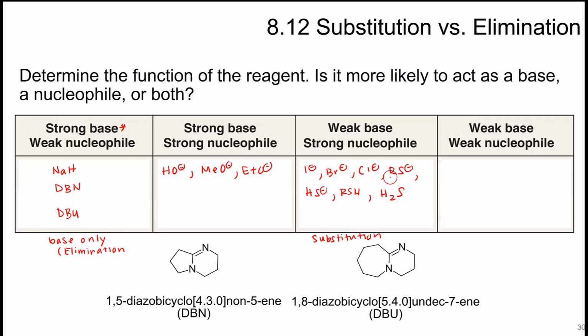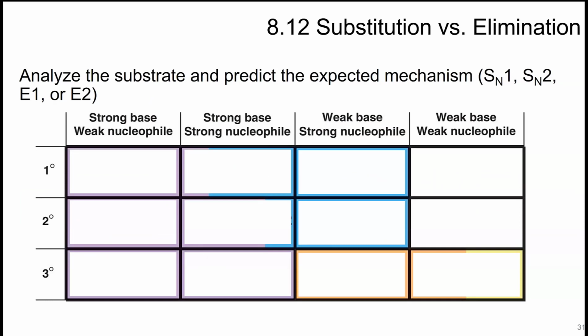Sodium bromide might be good for a nucleophilic reaction, but it is not good if you want to do an elimination reaction. So things that are weak bases and weak nucleophiles include H2O, methanol, and ethanol.